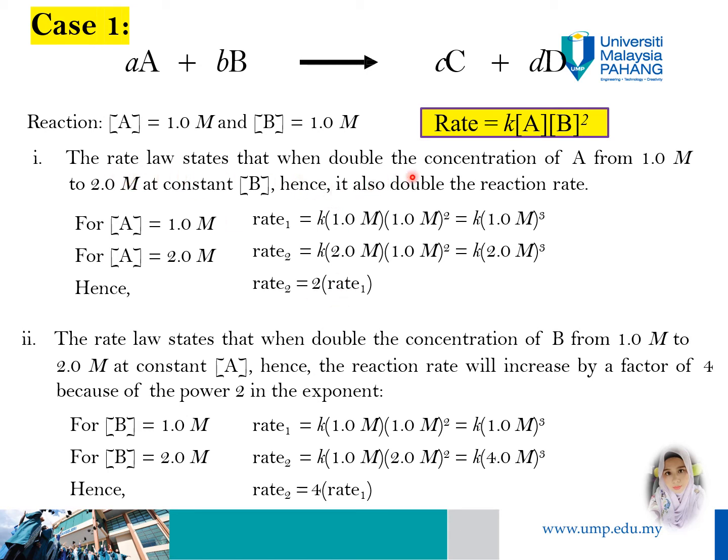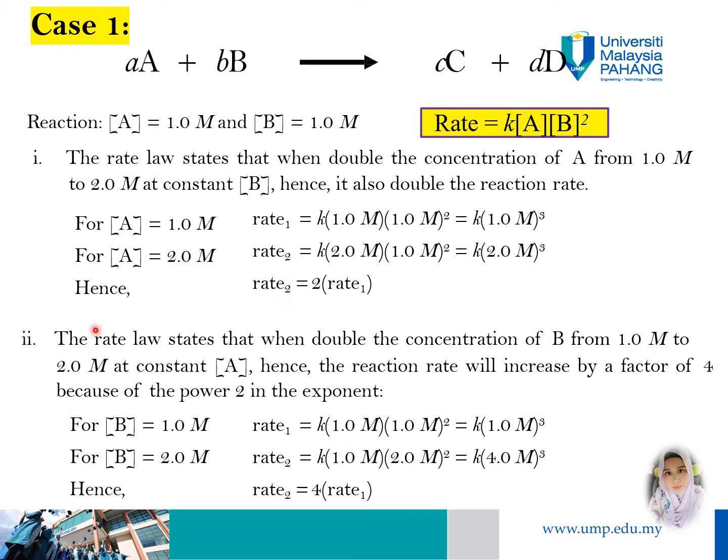When you double the concentration of A from 1 to 2 molar, what happens to the rate of reaction? From this equation, you can enter these values, and you get that the rate of reaction will also double when the concentration of A is increased to 2.